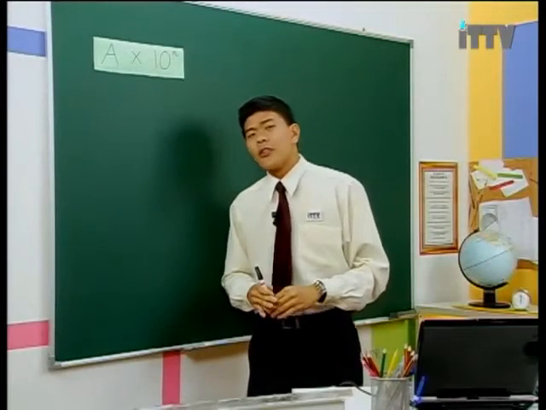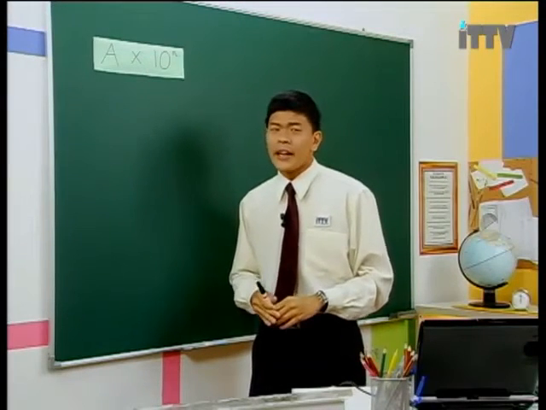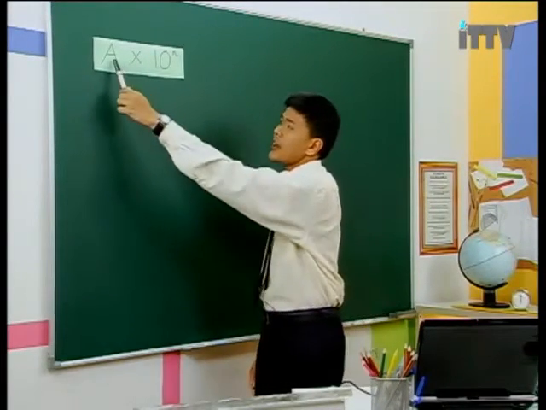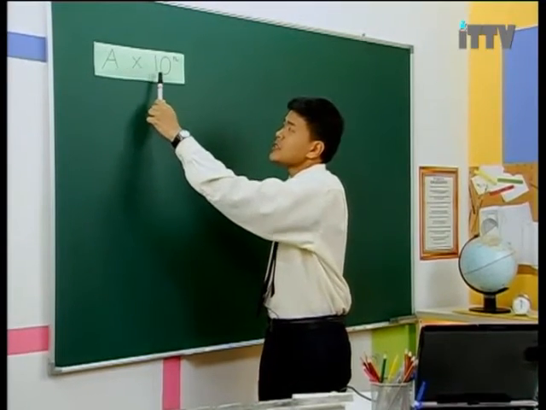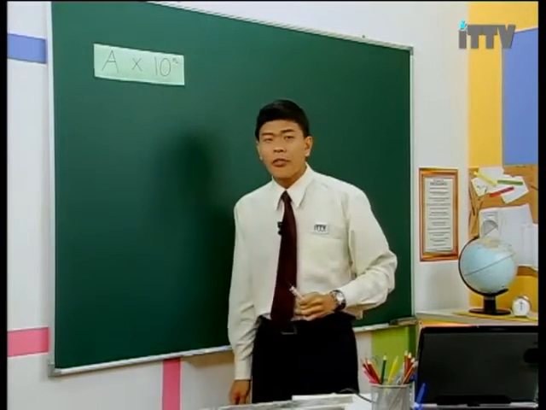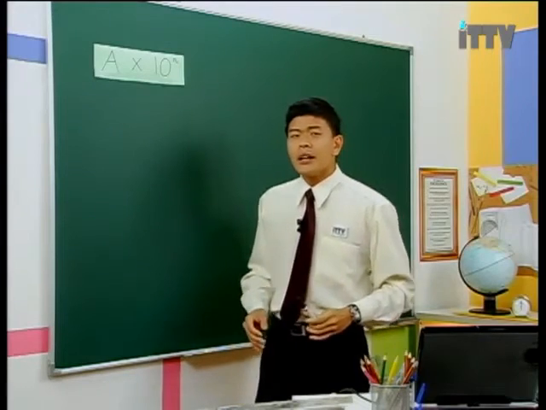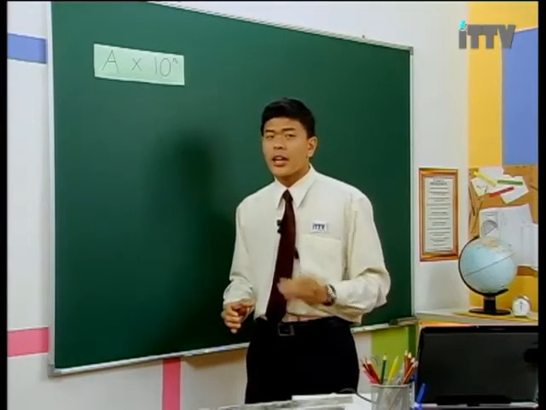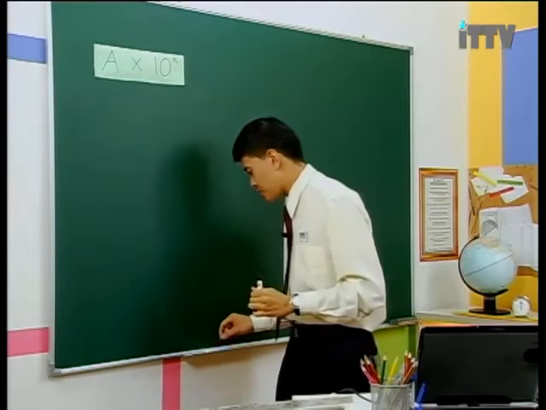Alright, we have known that a standard form of any number is written as a times 10 to the power of n. So any number that is very big or very small can be reduced to standard form.